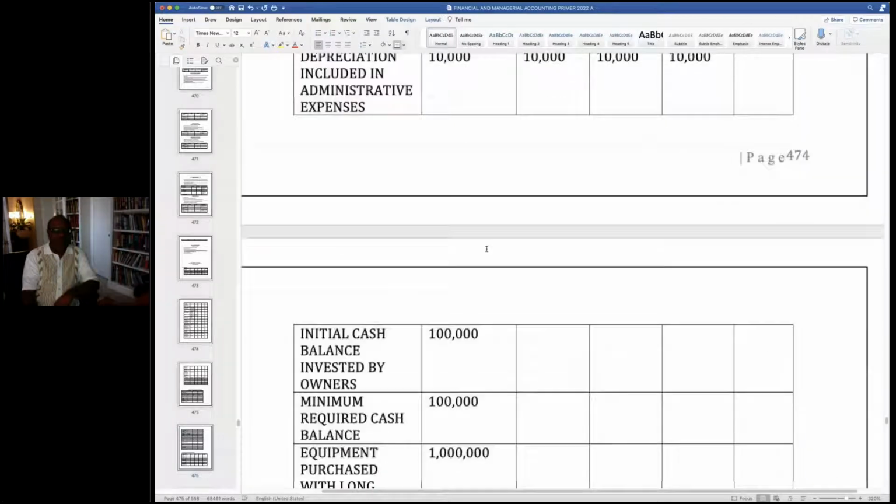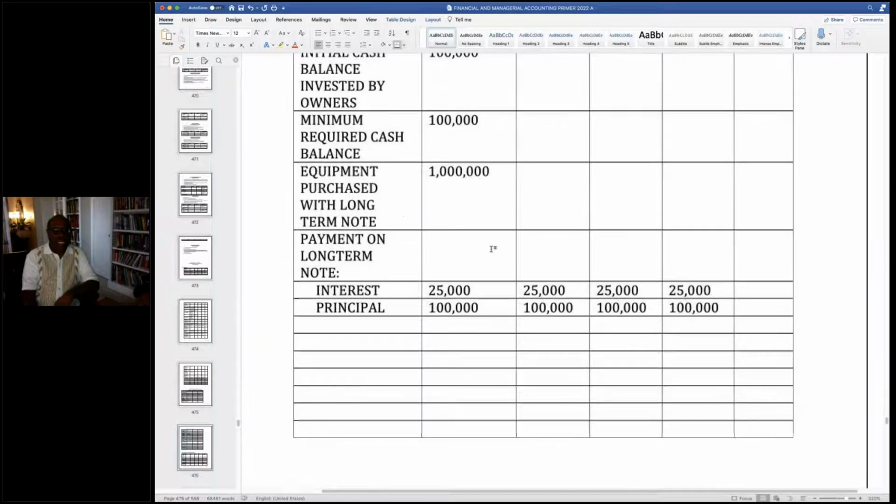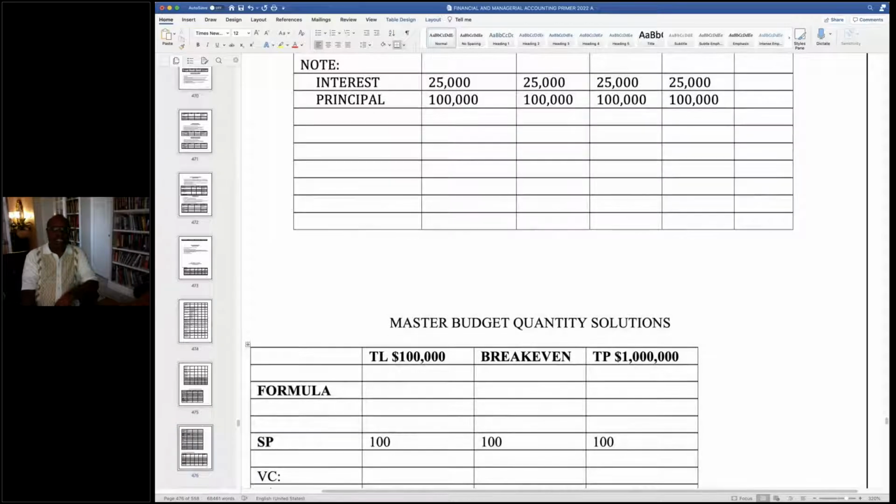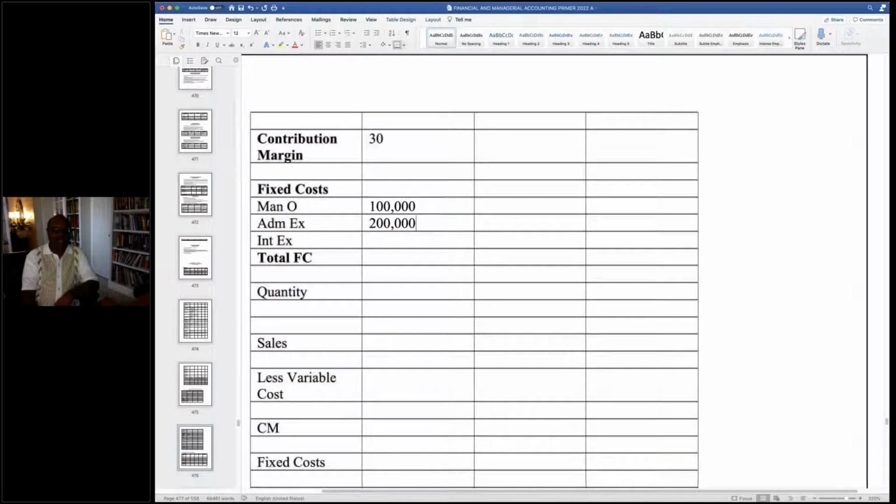Now, and our interest is what? 25,000 a quarter. So our interest expense is going to be what? 100,000, correct? So what are our total fixed costs? 400,000.